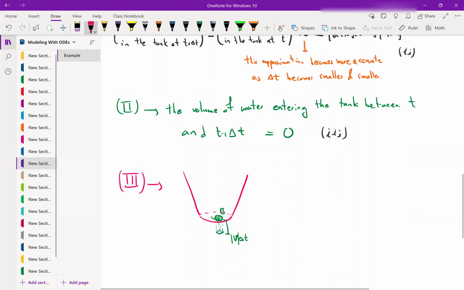So I'm going to be careful about my argument here. So let me write the careful argument here. And again, everything goes back to those techniques that I told you we use in modeling ODEs in the introductory videos. So again, I'm going to use the fact that this delta t is very small. And ultimately, I'm going to take the limit as delta t goes to 0. We note that, so this was our tank.